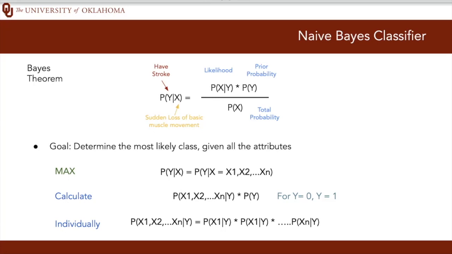This has to be done for every single class in our data set, in this case stroke or no stroke. The probability of the features can be broken up and calculated individually because naive Bayes assumes features to be independent of one another. Next slide.